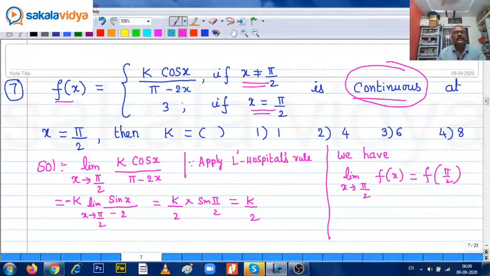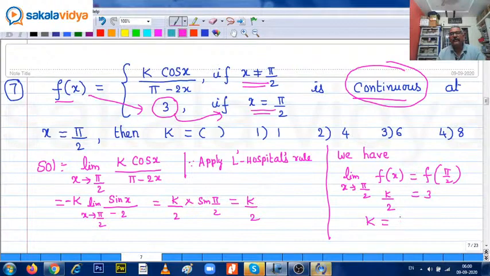F of pi by 2 means 3. When x is equal to pi by 2, f of x is 3. So this will be 3, but this will be k by 2. We need k. Cross multiplication, 3 times 2 is 6. Third option is the right option.